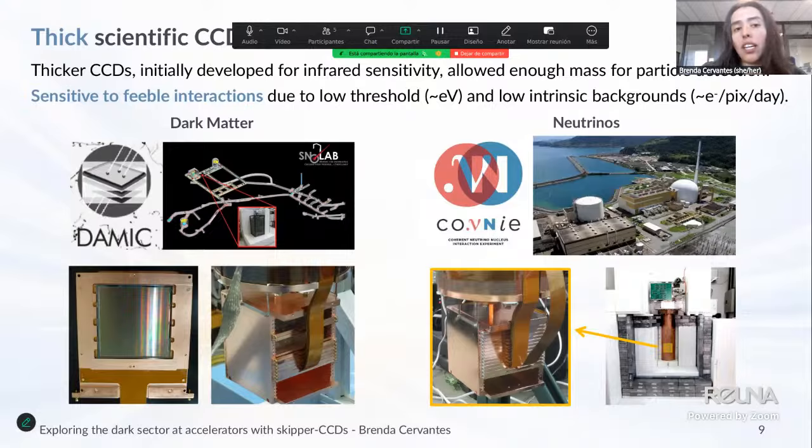And as we have a very low threshold, this is the silicon band gap, so it's on the order of electron volts, and also very low intrinsic backgrounds, we are very sensitive to feeble interactions. So DAMIC at SNOLAB, for example, was one of the experiments that are searching for dark matter, and CONNIE in Brazil is one of the experiments that started using CCDs to detect reactor neutrinos.